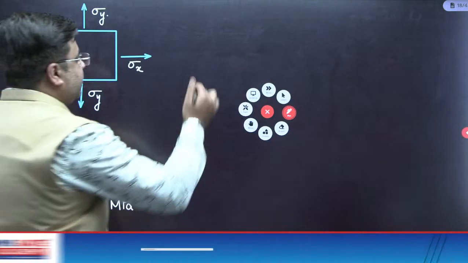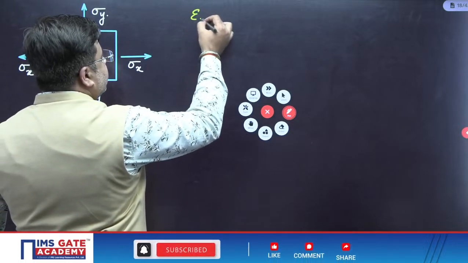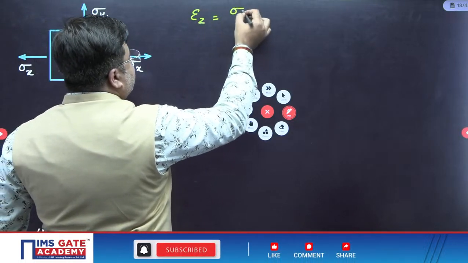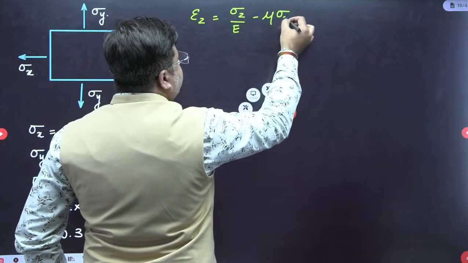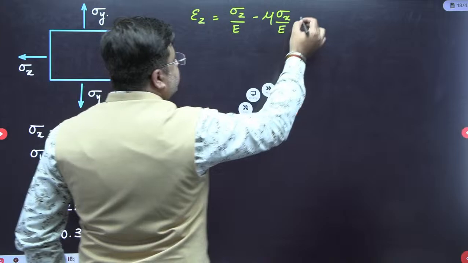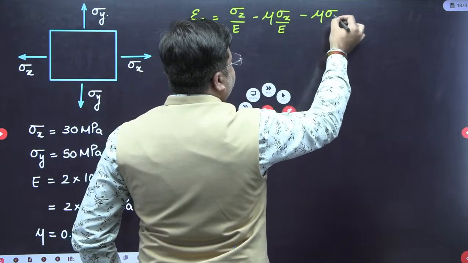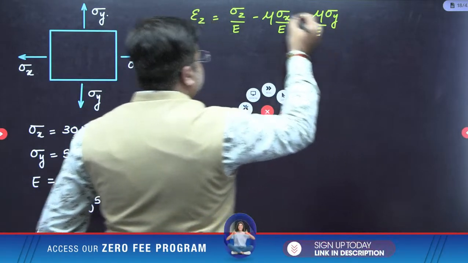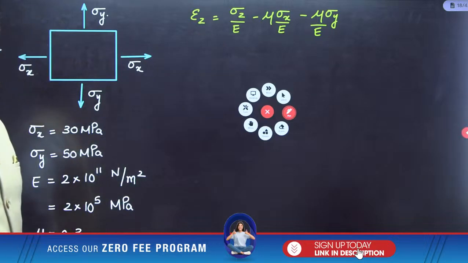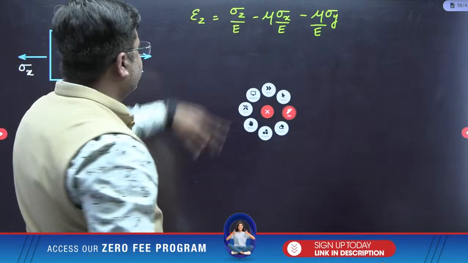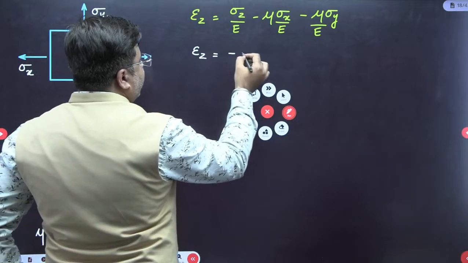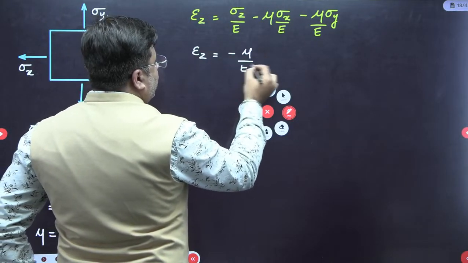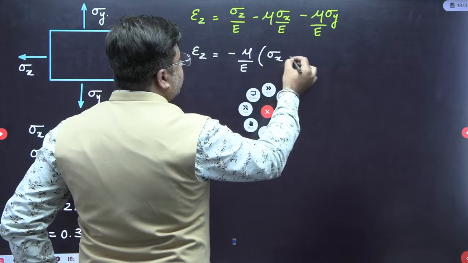So strain in z direction, epsilon z is equal to sigma z by E minus mu times sigma x by E minus mu times sigma y by E. Sigma z is equal to 0, so this first term will be 0. You have epsilon z is equal to minus mu by E of sigma x plus sigma y.